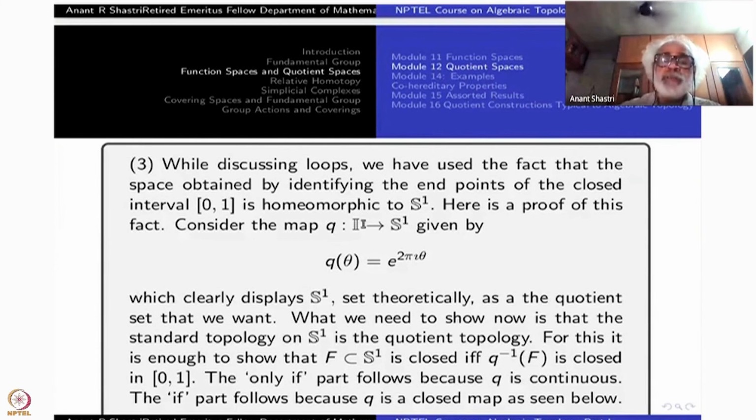In other words, Q is a continuous function, that is fine, because we know that the exponential function is continuous. It is surjective, also fine. What we want to say is Q itself is a quotient map.